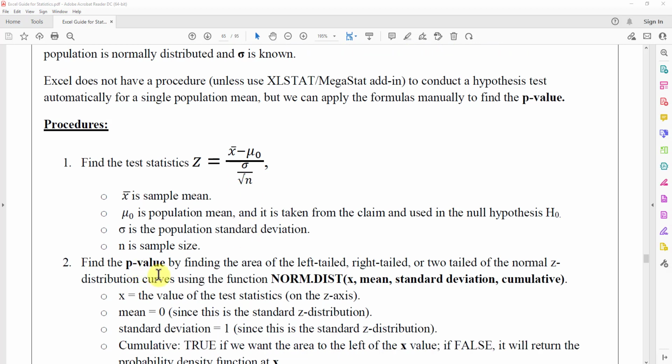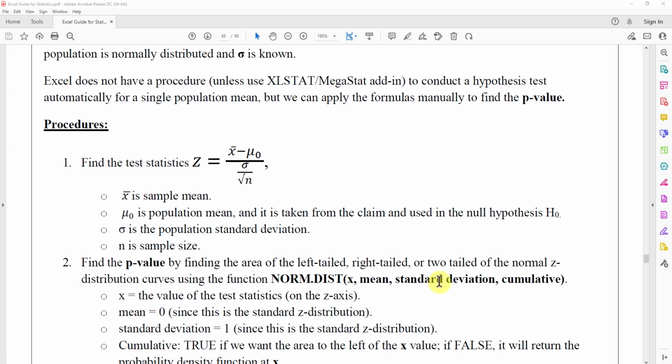To find the p-value, we are finding the area of the left tail, the right tail, or the two tails of the normal z distribution curve using the function norm.dist. This is a normal distribution. This function takes in four inputs: x, mean, standard deviation, and cumulative. X is the value of the test statistic on the z-axis.